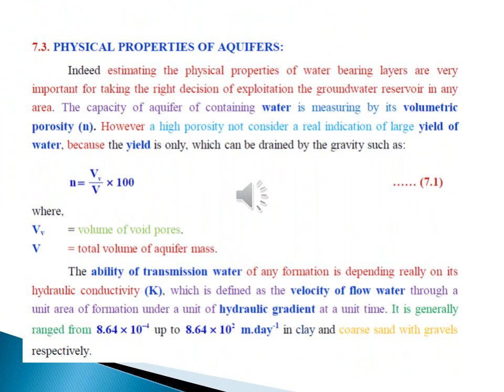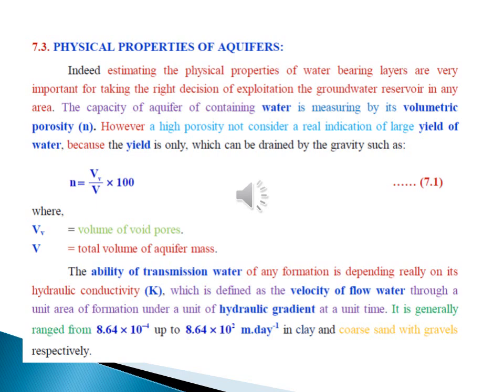Physical properties of aquifers. Indeed, estimating the physical properties of water bearing layers is very important for taking the right decision of excavating the groundwater reservoirs in any area. The capacity of an aquifer for containing water is measured by its volumetric porosity.